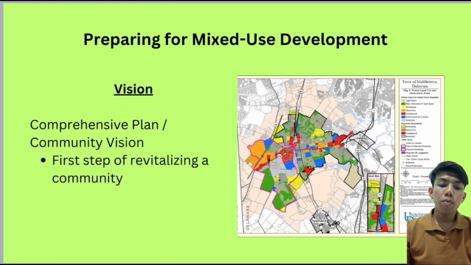The first step to preparing for mixed-use development is developing a vision. Communities can do that by creating a comprehensive plan or community vision that includes mixed-use development. This is the first step to revitalizing a community.